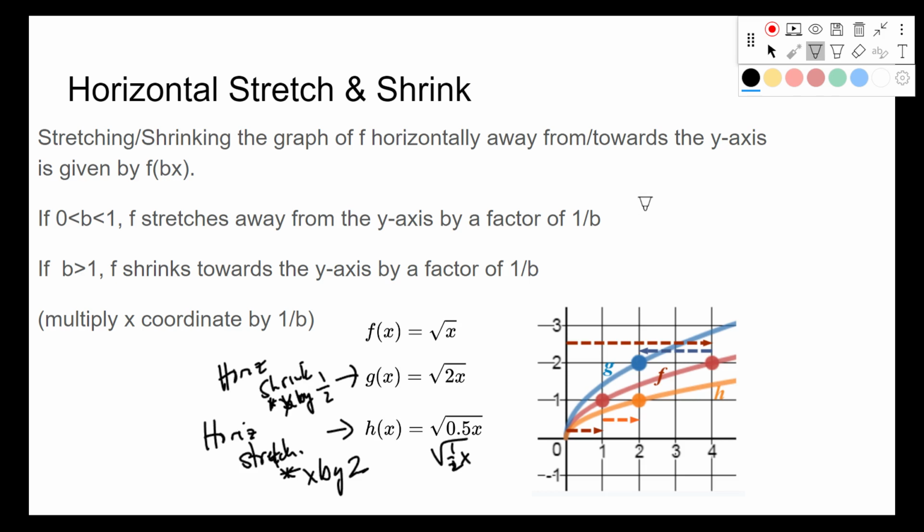Okay? So look, it's the same concept no matter what. If I write the square root of 4x, you'd be multiplying x by 1/4. The square root of 1/3 x multiplies x by 3, the reciprocal of 1/3. All right, that's how this works. Again, everything inside with x is backward.